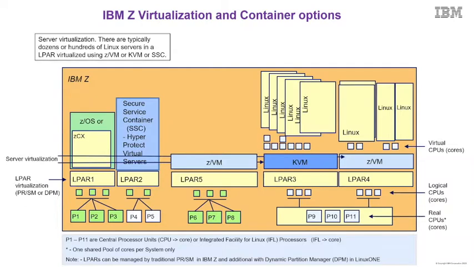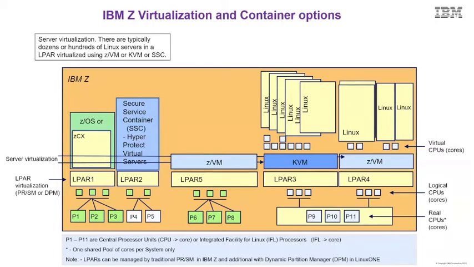So basically, if you start from the physics of the machine, we have the CPUs or GPs, general purpose processors, or IFLs, or zIIP processors, depending on what kind of workload you want to configure on which. But the base capacity is basically the CP or GP for z/OS, and IFLs, Integrated Facility for Linux, for the Linux environments.